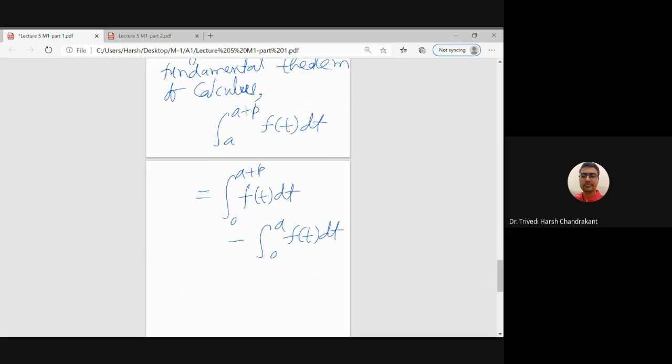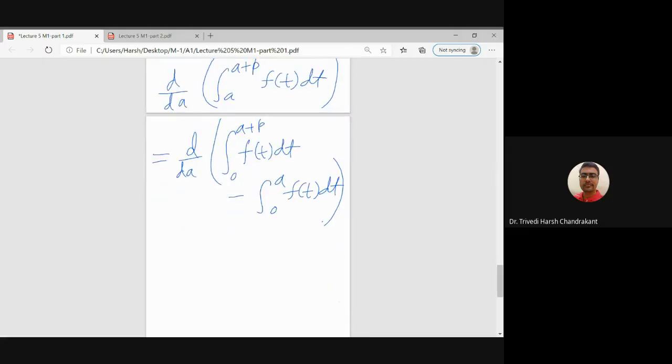So now we will differentiate both the sides. We will differentiate by the variable a, because a is changing here. So on this side, we can separate these terms.